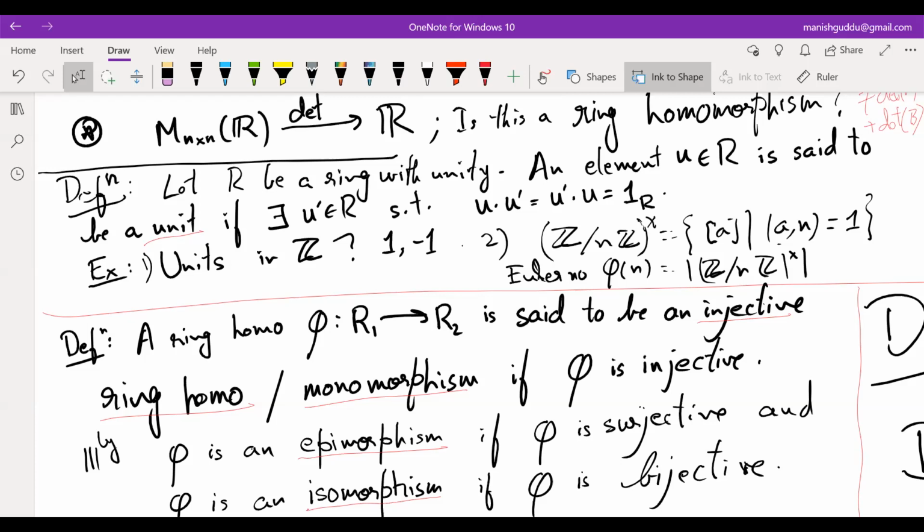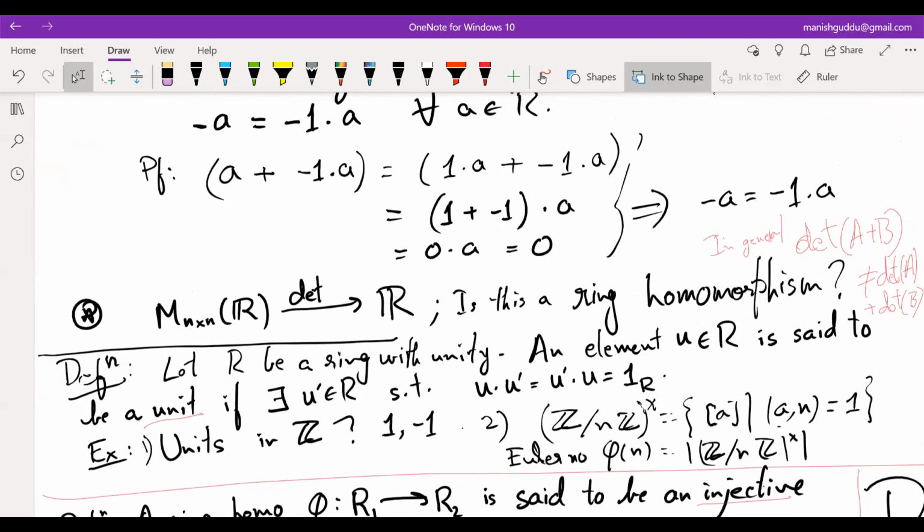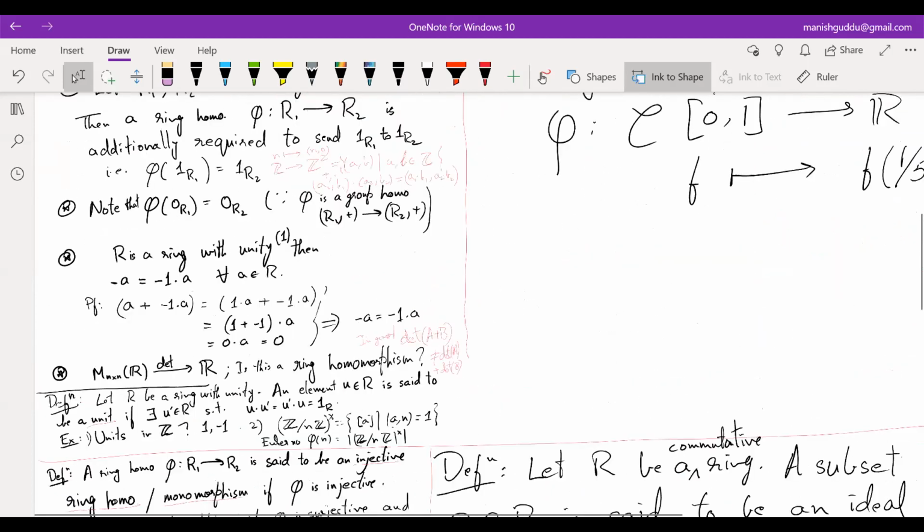This set has cardinality given by the Euler number, the number of positive integers less than n which are co-prime to n.